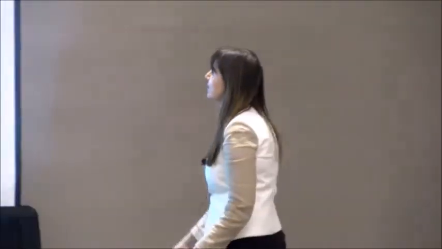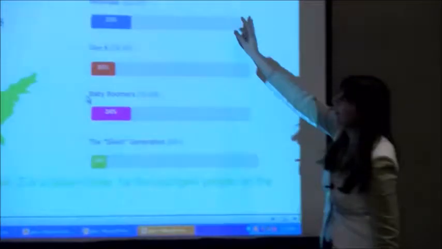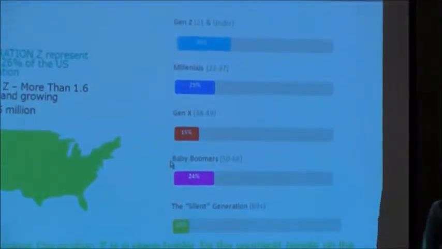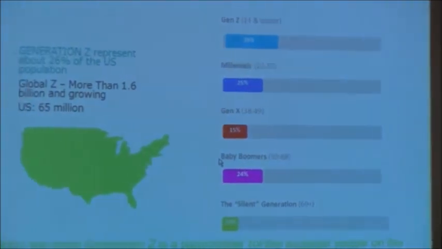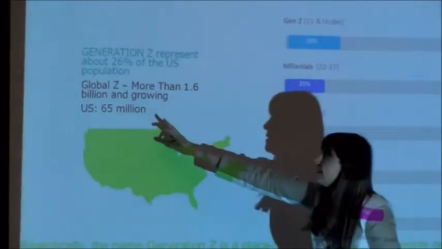We are older than 21. Generation Zs are 21 and under, about 26% of the population of the United States. In the US there are 65 million Gen Z, and in the world about 1.6 billion, and they are growing as well.